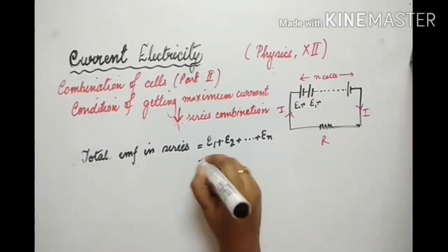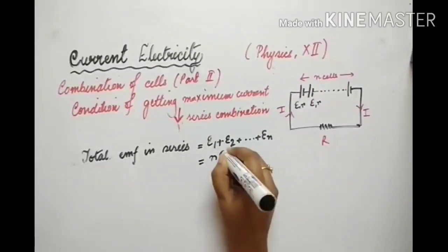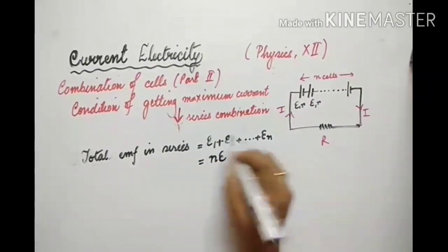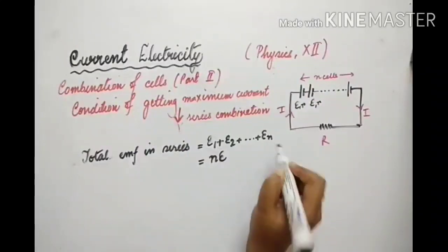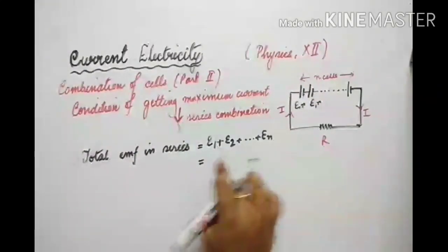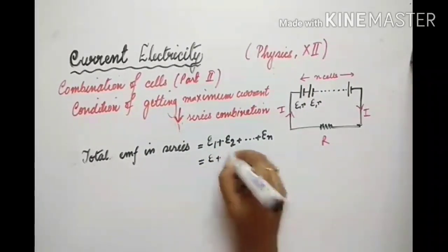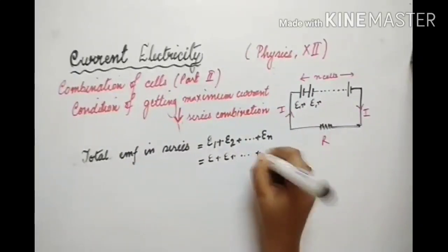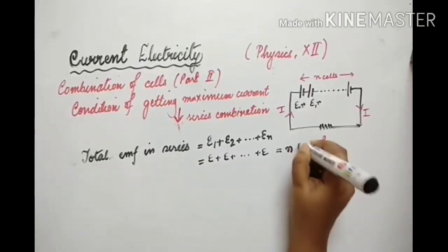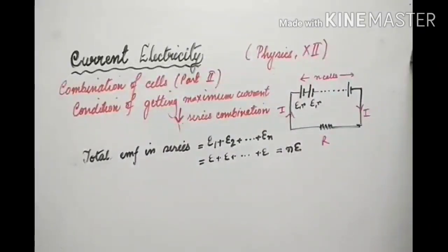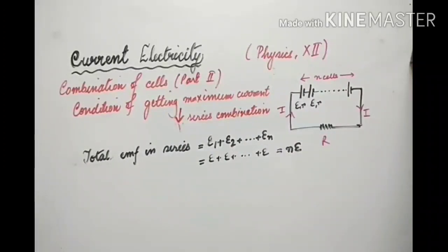So you will get n times E. Why n times E? Because in each case EMF is E. If you keep on adding till n terms, finally you will get n times E, since all the EMFs are E.